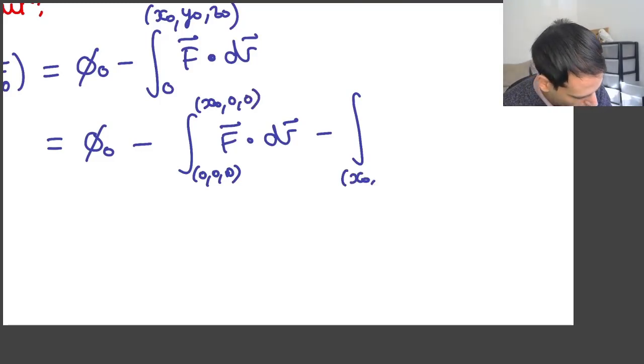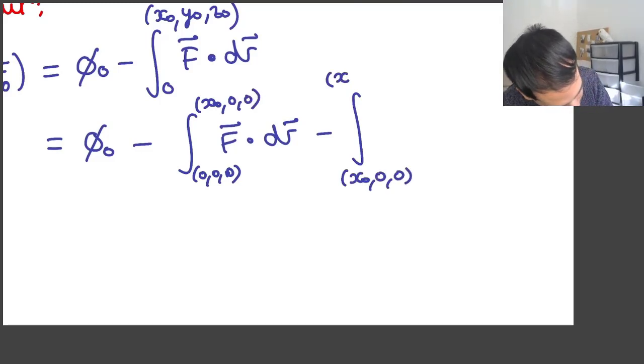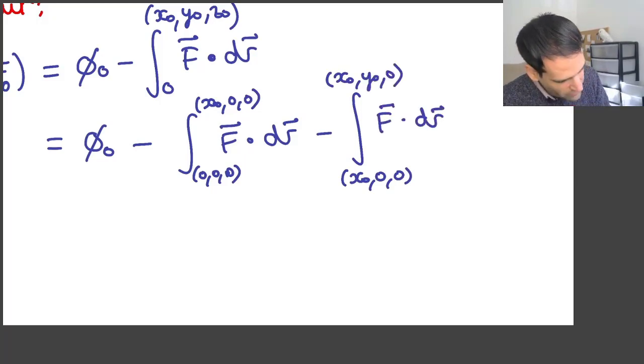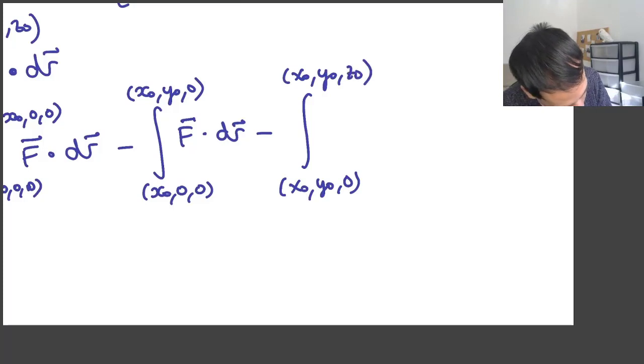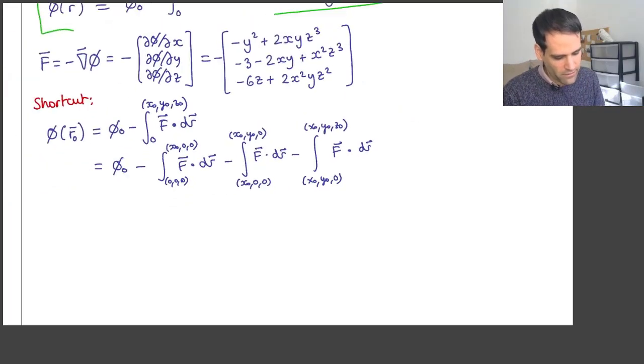Then from x0, 0, 0 to x0, y0, 0. And finally, the last leg of the path is from x0, y0, 0 to x0, y0, z0, of f dot dr. Okay, so I have written the integral in 3 legs, as you know.